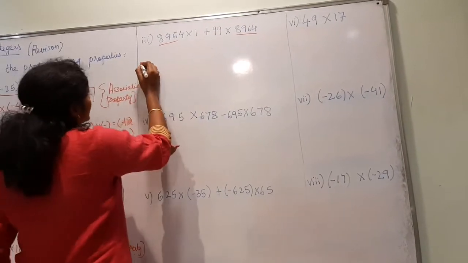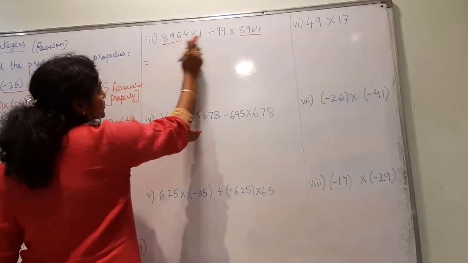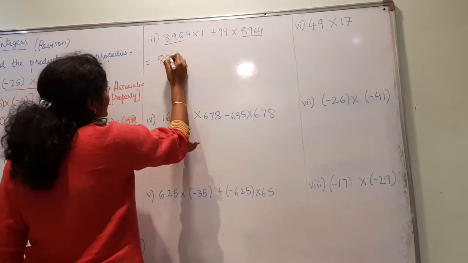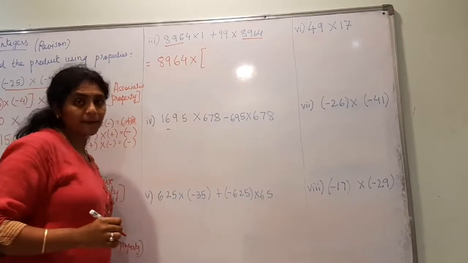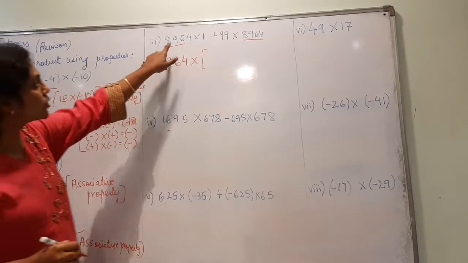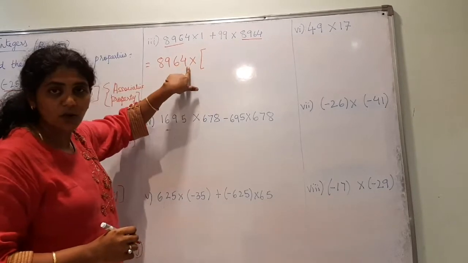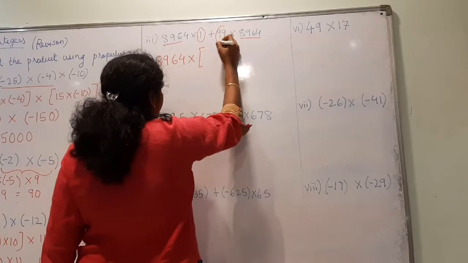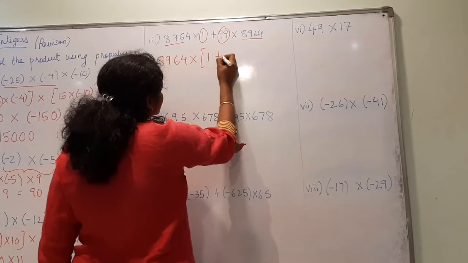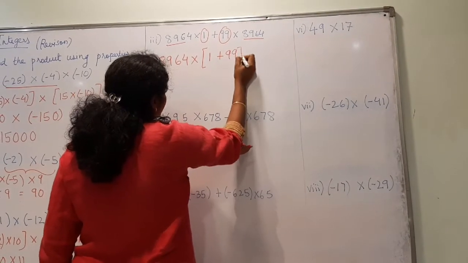In this you have to take common, what is common? 8964 is common in both the terms, so 8964 multiplied by what is left, 1 and 99. So 1 plus 99.